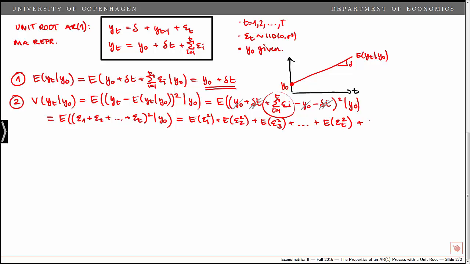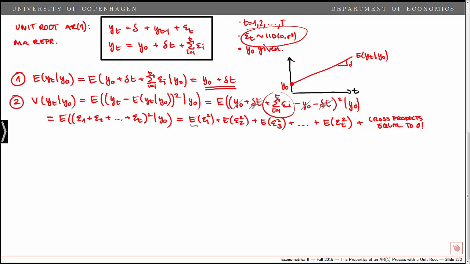Finally, we have a lot of cross product terms, but they are all equal to 0 by construction because we are assuming that epsilon_t is a white noise process. So all the cross terms here are equal to 0.